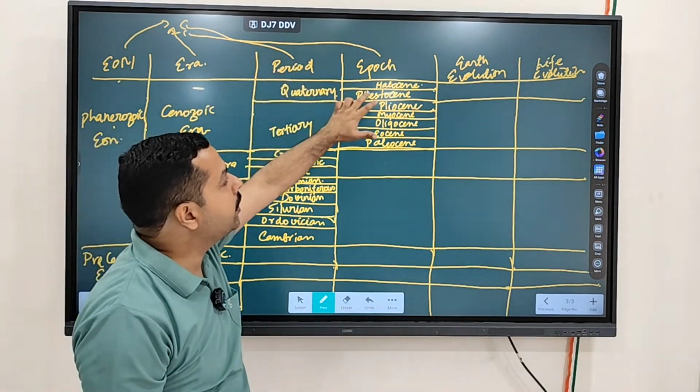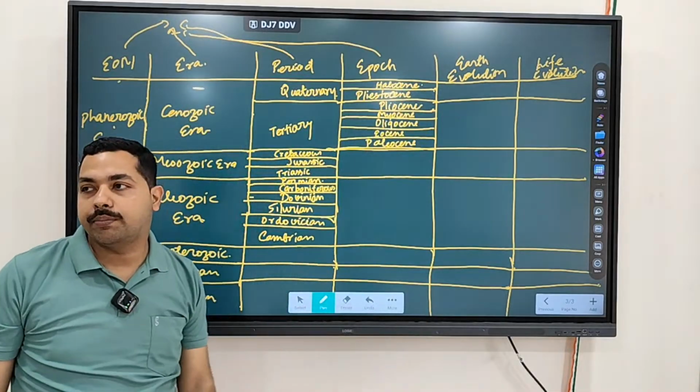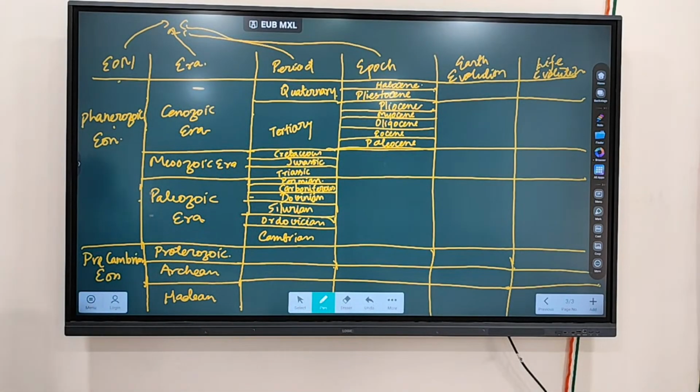Which period? Quaternary period. Which epoch? Holocene epoch. Clear? So as per the geological time scale, current time is Phanerozoic eon, Cenozoic era, Quaternary period, Holocene epoch. Clear? So this is the current time period as per geology. Fine.